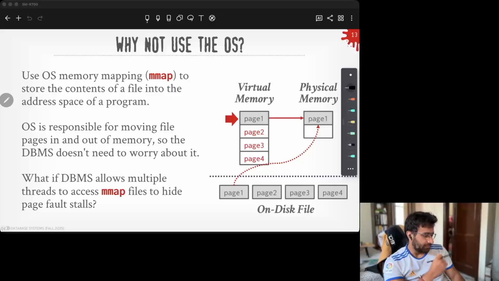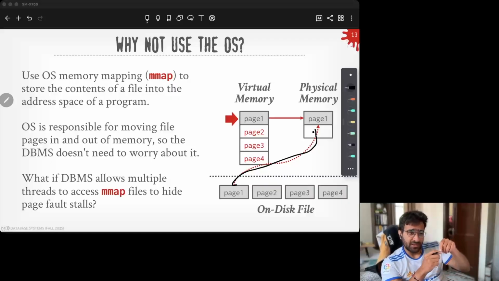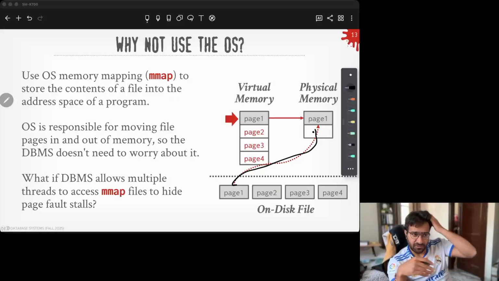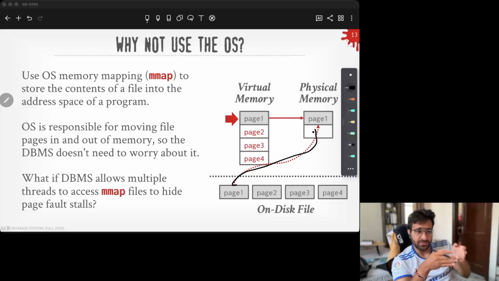Okay, so we can see that page one is brought into memory. When I requested page one and it page faulted, it is brought into memory. Then my virtual mappings are updated to that physical page. If you know about OS page tables, there are two levels of page tables. The MMU walks that page table to convert virtual addresses into physical addresses.